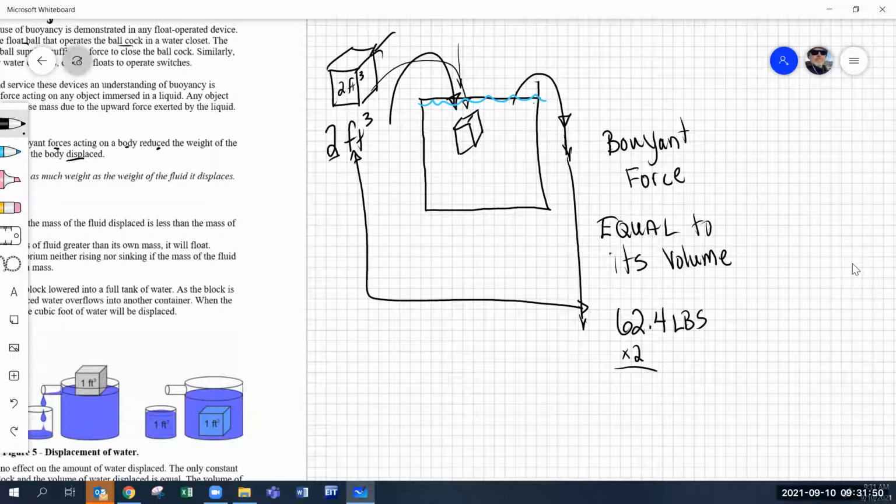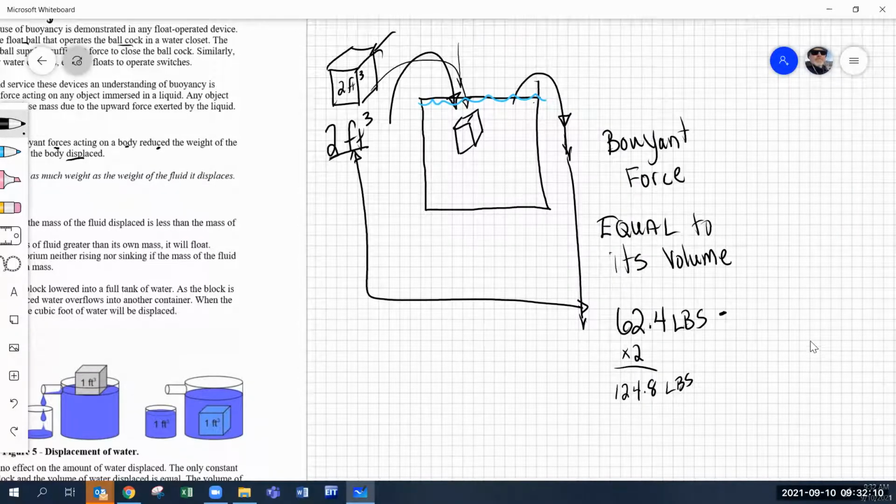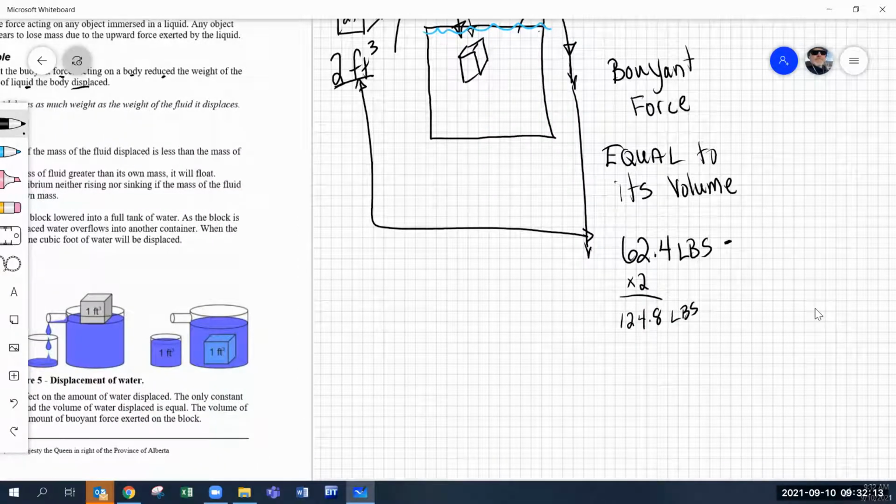It's 2 cubic feet. We know that 1 cubic foot is 62.4 pounds. So it's actually going to be 124.8 pounds.